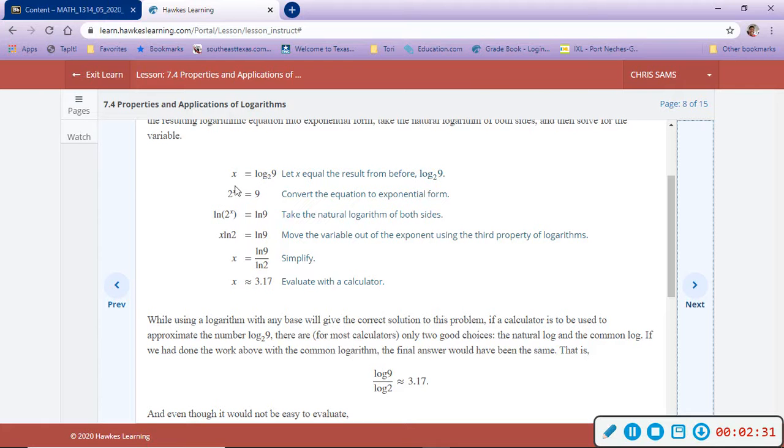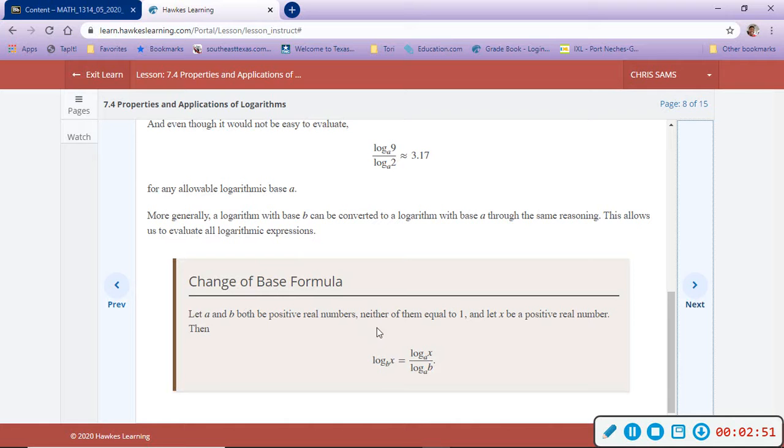So this is how you can change that equation. And then if you take the log of both sides and use properties of logs to bring that power down, and then divide by ln of 2, you end up with this expression. So down here they show you the change of base.